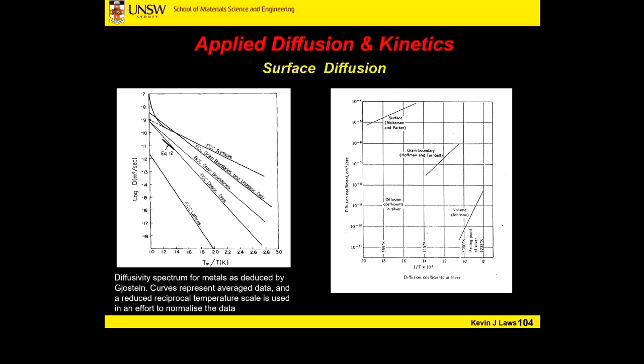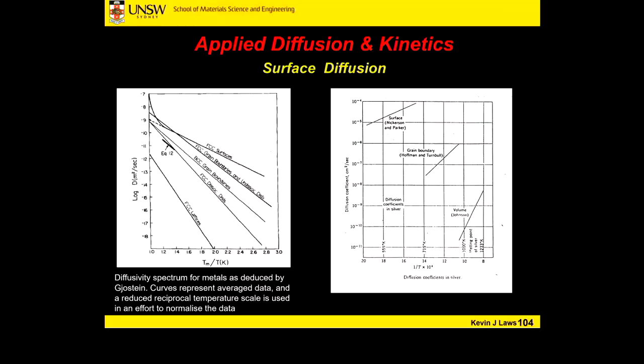Okay. So again, back to these types of plots here where we're just trying to show you diffusion across the surface versus the grain boundary versus the bulk or the lattice, okay, in a number of different systems. Right?